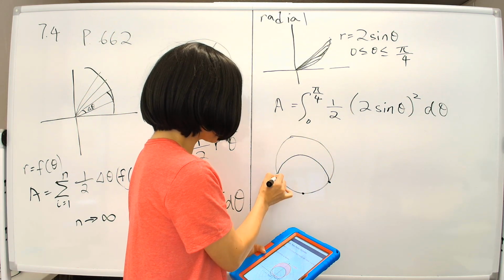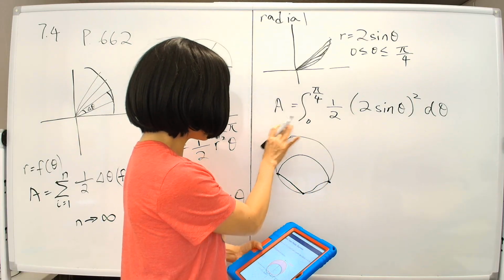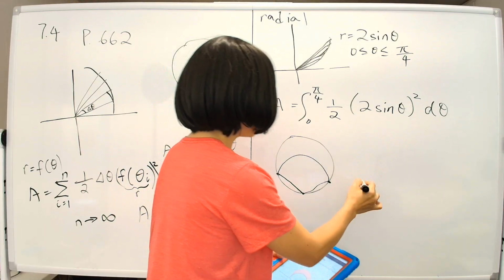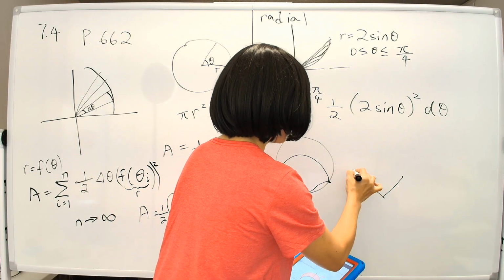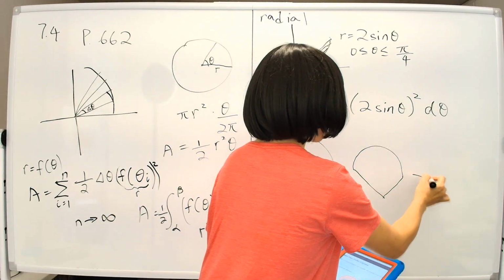You are subtracting from here. That is, you are subtracting the fan area, this whole part. If I draw it over here, you are subtracting this whole part, the big one, and then subtracting the small one.